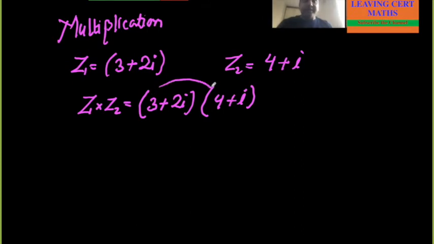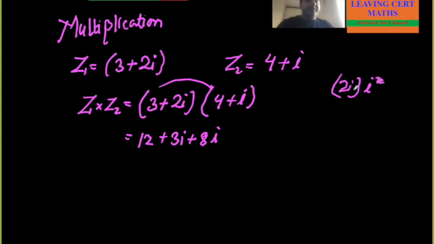3 will be multiplied by 4, so you will get 12. 3 will be multiplied by i, so you will get 3i, right? Then 2i multiplied by 4 will be your 8i, and now 2i multiplied by i. So if you multiply i by i, what will you get? i squared.